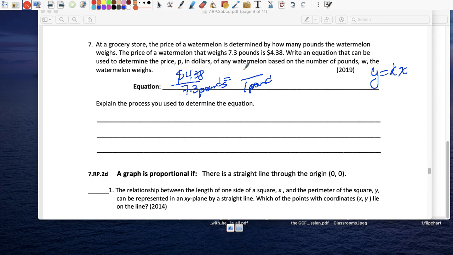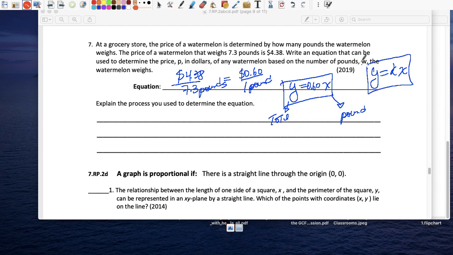So it's 60 cents per pound. When you write the equation, the total cost, which is y, right, x represents the pounds, and how much is it per pound? 0.60. Okay, so you can explain all that process, because that's your final answer, right? If it's proportional, the equation will always be in this format. Okay, and you can add that to your information.